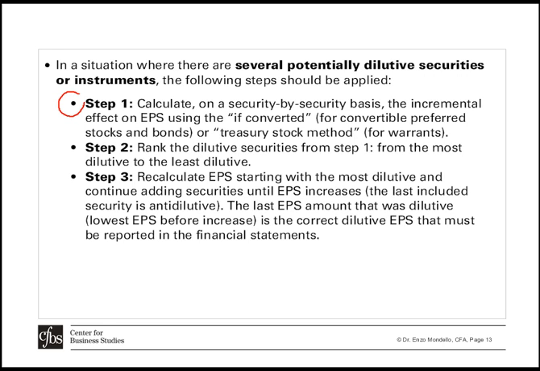Then step 2, you have to rank the securities from the most dilutive one to the least dilutive one, and based on this ranking, you have to include security by security the potentially dilutive securities in the EPS equation, and at the point where EPS goes up, then you know that the previous EPS calculation was the diluted EPS. So that's the application of these 3 steps.